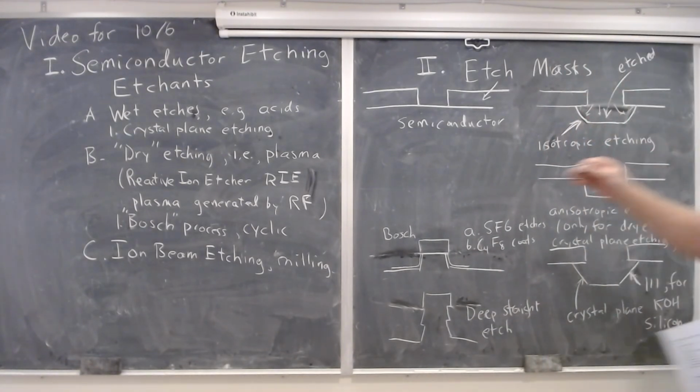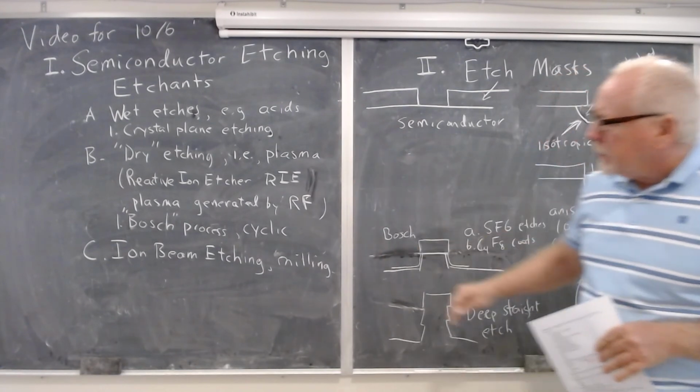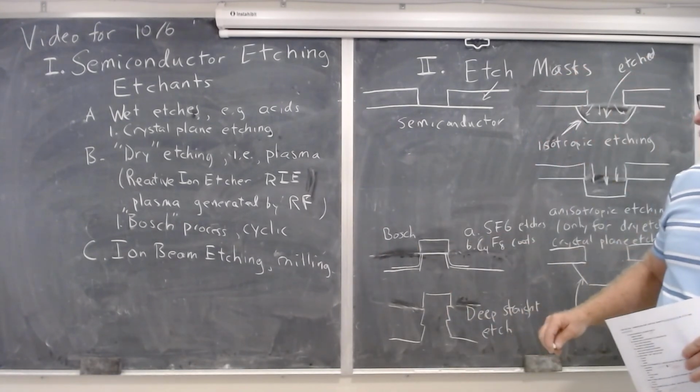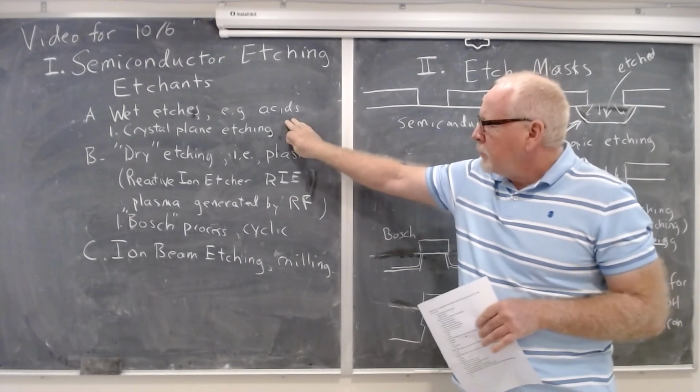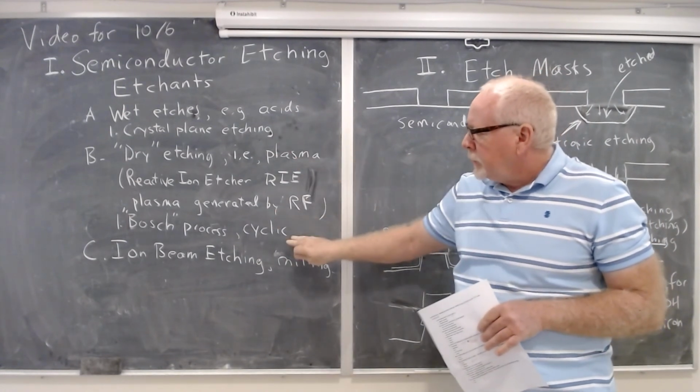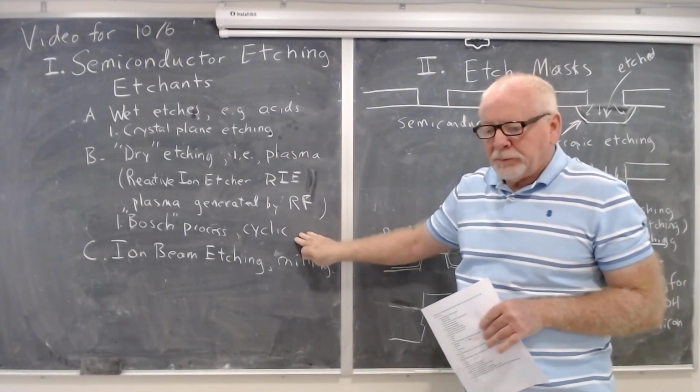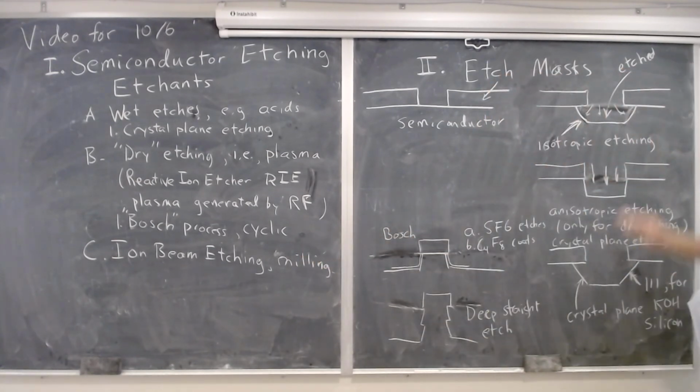So this is the sort of the 3 categories with the 2 subcategories: in wet etching, crystal plane etching, and in plasma etching, the Bosch or cyclic process. And then these are the 4 resulting profiles that you can get. Isotropic, where it just goes in all directions, anisotropic, where it tends to go more straight down.